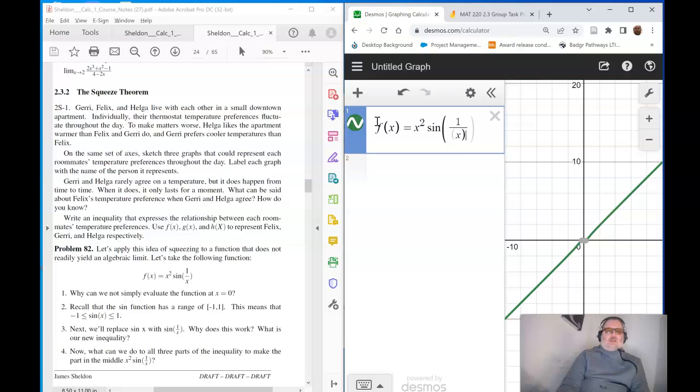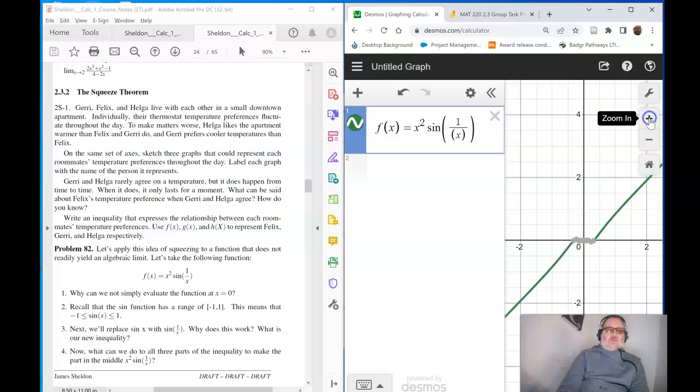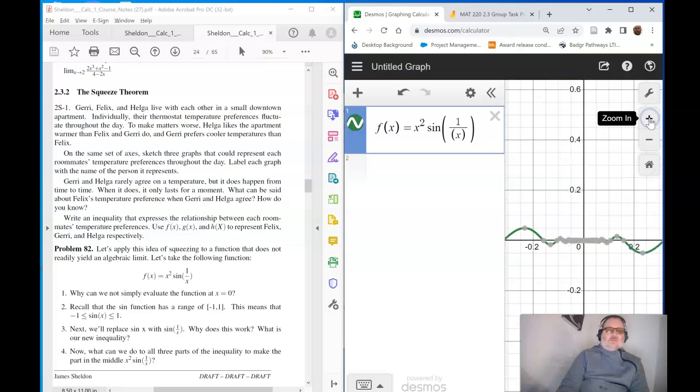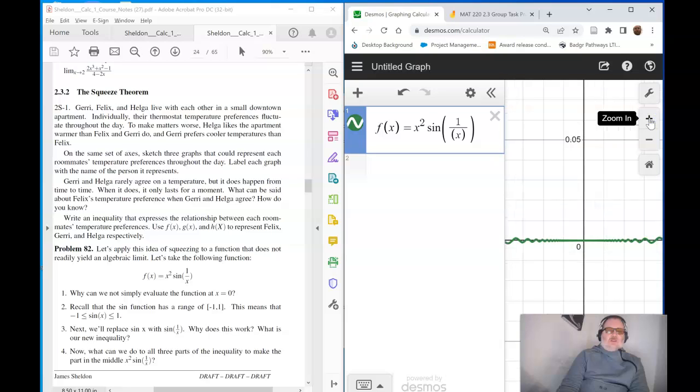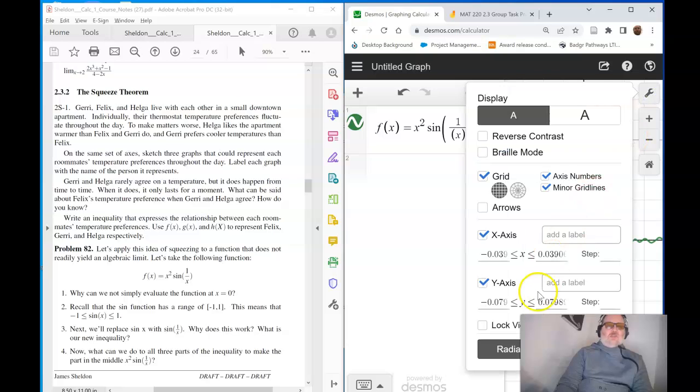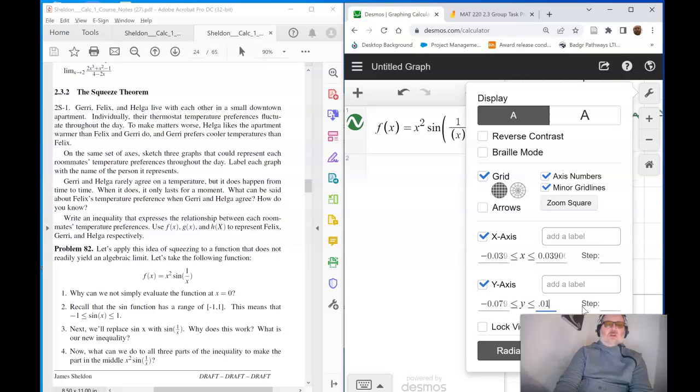Now we look at it and it looks like kind of a line with some little fuzzy things in the middle, but let's zoom in quite a bit. So we'll zoom in maybe to about here, and then we'll use the wrench to adjust our y-axis. So let's try 0.01 to minus 0.01.